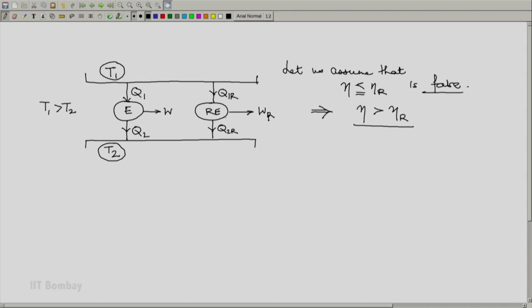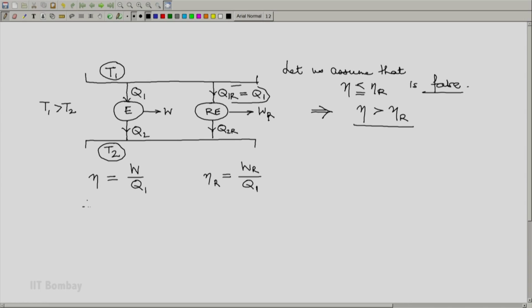We will adjust the two engines first in such a way that Q1R is Q1. This is an adjustment we will do as we have done earlier. Then we notice that the efficiency of our heat engine is W by Q1, and the efficiency of our reversible heat engine is WR by Q1. Notice that Q1R is assumed equal to Q1, the working of RE has been adjusted.